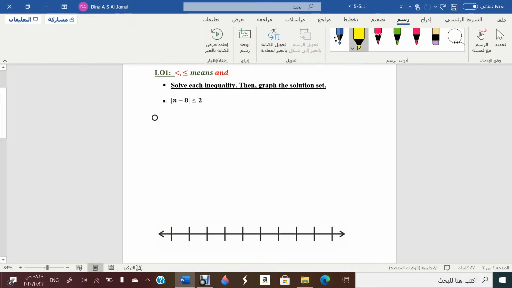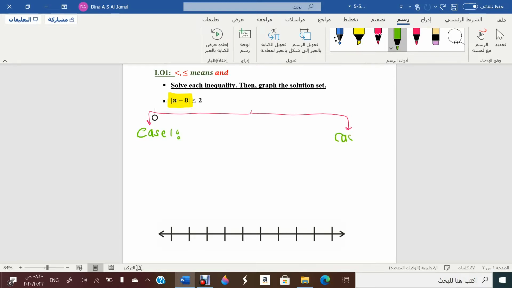So at the beginning you have to divide your solution into two cases. Unlike the equation, the inequalities will be having two cases for whatever inside the absolute value. So case 1 and case 2.